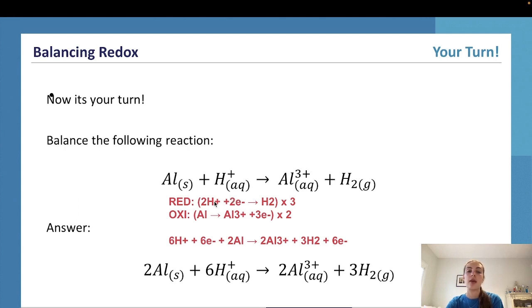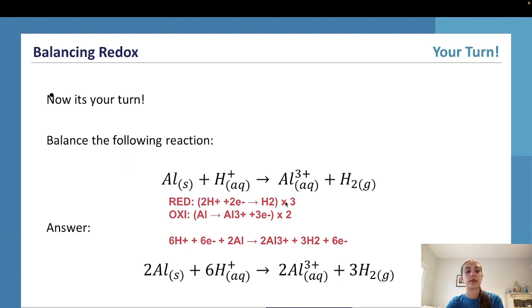So we can write out 2H+ plus 2 electrons makes H2, and aluminium makes aluminium 3 plus plus 3 electrons, and so that's our 2 separate equations. But remembering that we've got a transference of 2 electrons in the hydrogen reaction, which is our reduction reaction, and we've got a transference of 3 electrons in the aluminium reaction, which is oxidation.